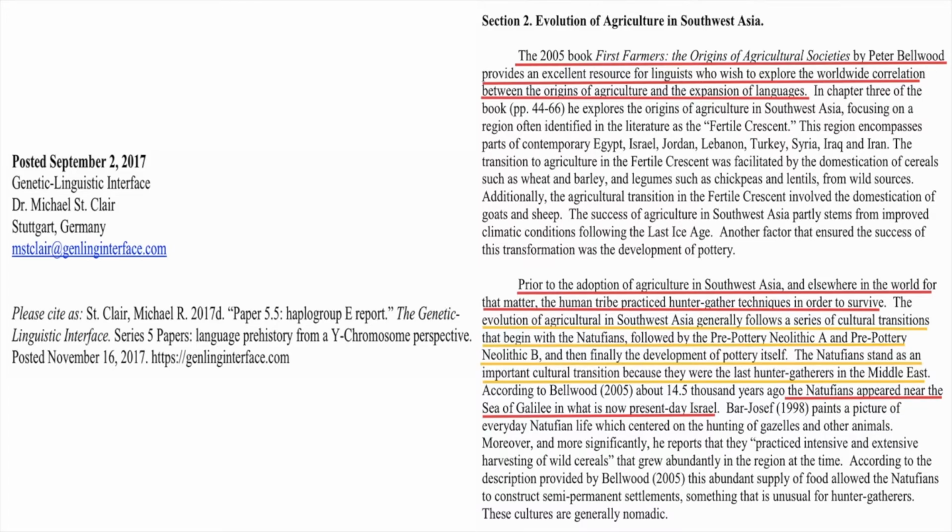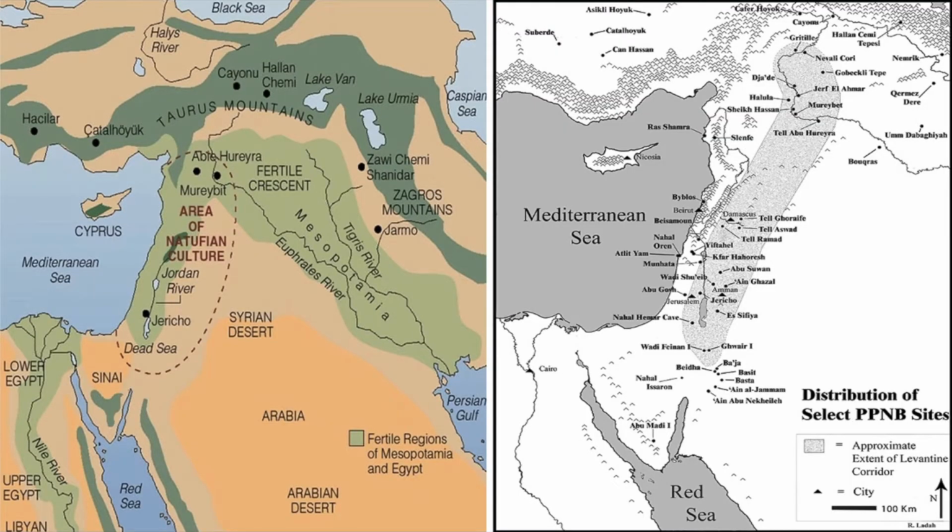The Natufians stand as an important cultural transition because they were the last hunter-gatherers in the Middle East. The Natufians appeared near the Sea of Galilee in what is now present-day Israel. And so again, here is the area of Natufian culture going all across the Levant, from the northern Levant to the southern Levant.